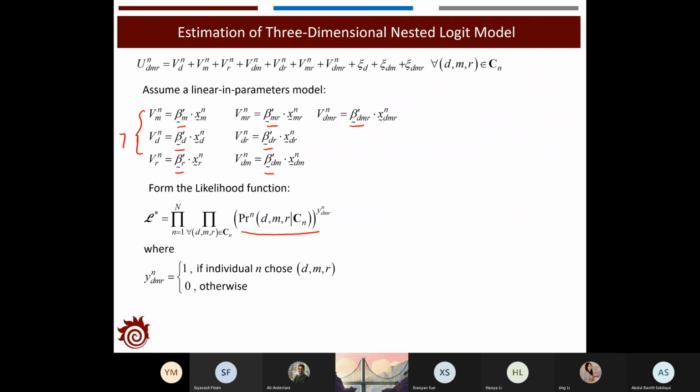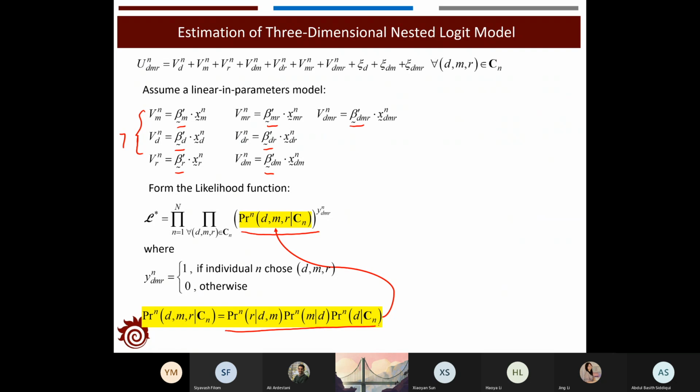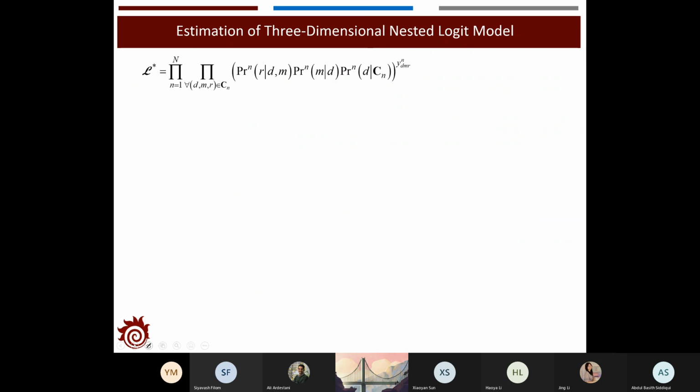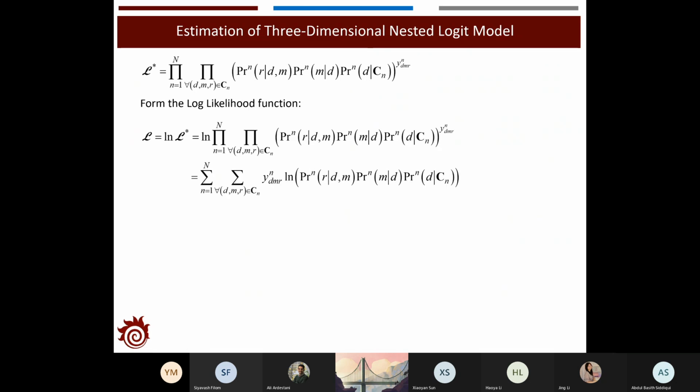Again, we replace the joint probability with the conditional and marginal probabilities. Similar to the two-dimensional case, we apply the log transformation to get the log likelihood function. If you apply it, you can see that this equation is divided into three terms.